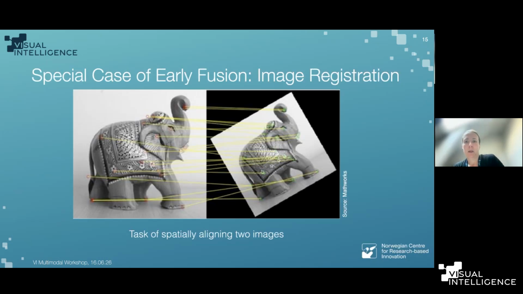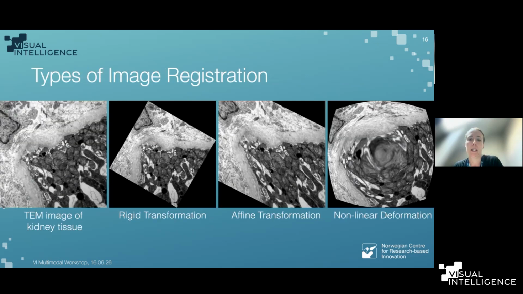So I'll tell you a little bit about registration, because it's not a trivial topic by itself, but there are a few different types of registration and different approaches of how to solve them. But in general, it's this task of spatially aligning two images. And we have these three categories of types of registration when we talk about image registration.